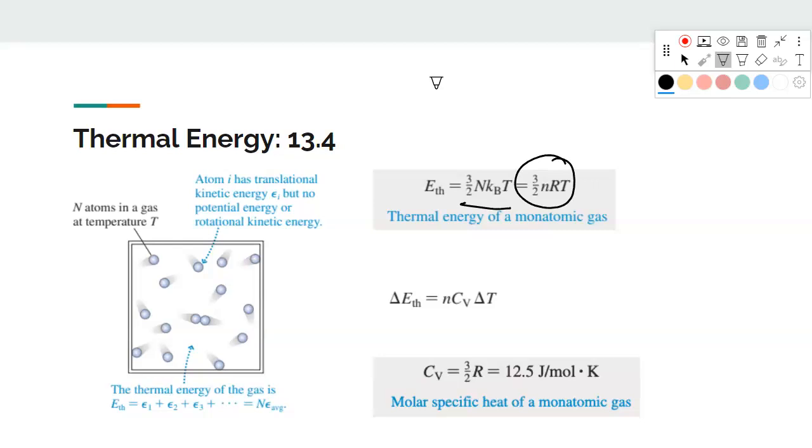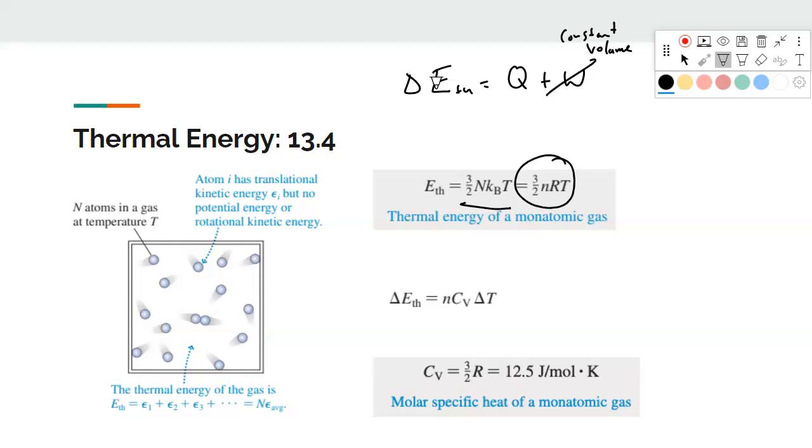But remember that the change in thermal energy is the heat plus the work. And if we're not changing the volume of a gas, then it can't do any work. So if we're at constant volume, the gas can't expand or contract, so it can't pull or push things. There's no work that it can do.